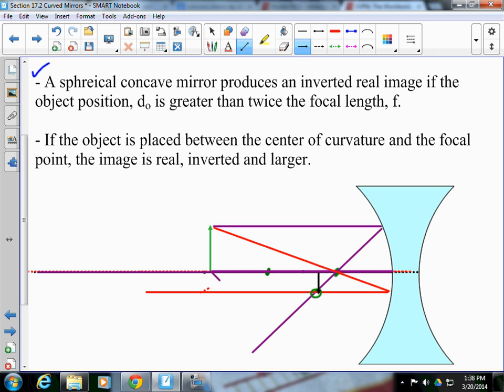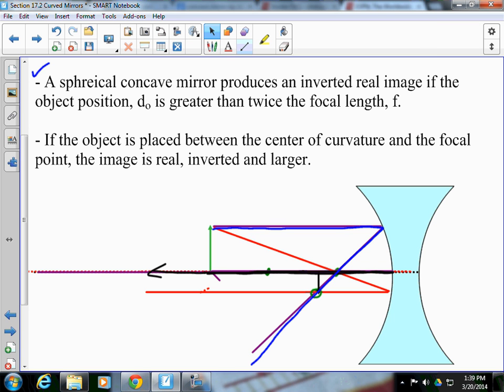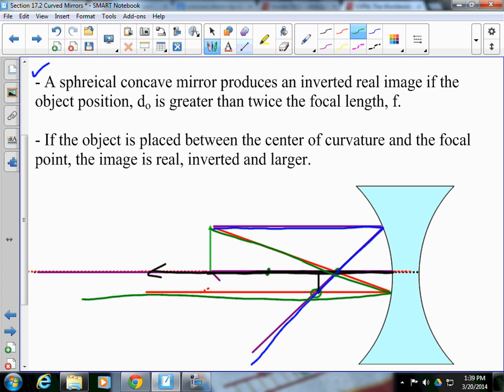We drew 3 lines. The first line was off the bottom to the center of the arrow and back. Our second line was off the top of the arrow to the mirror through the focal point. Our third line was off the top of the arrow through the focal point off the mirror.